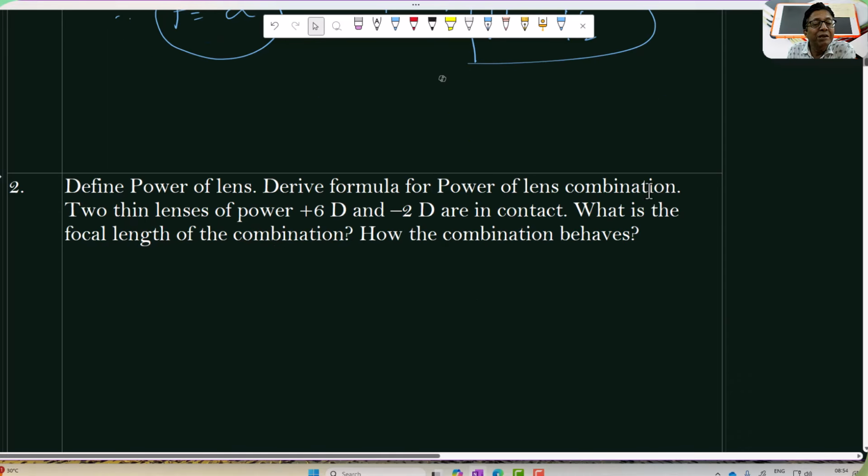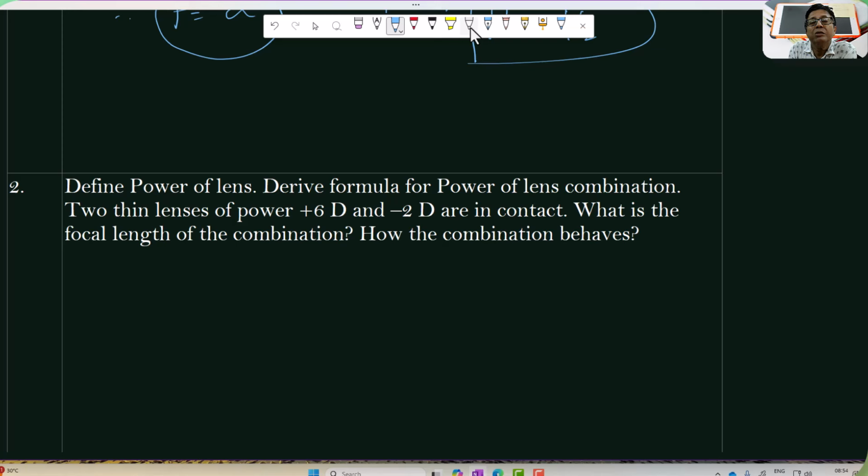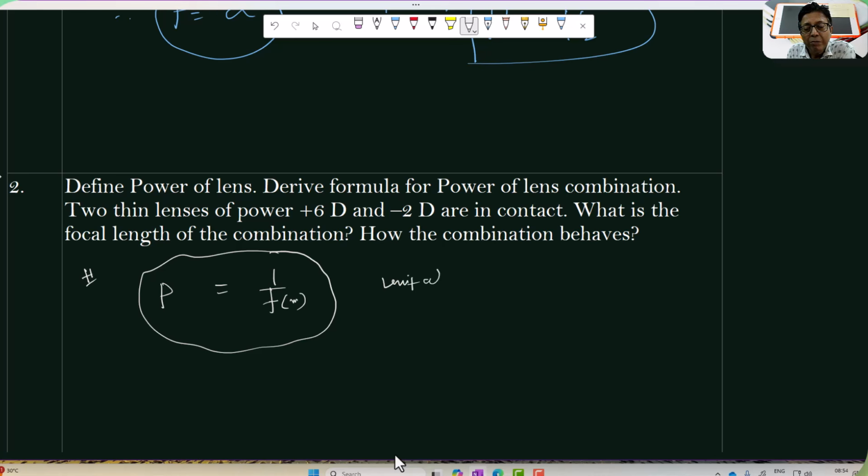In the second problem, I will remind you of the power of a lens. Power is 1 by focal length expressed in meter. Power of a lens is 1 by focal length expressed in meter, and normally the unit of power is the diopter.